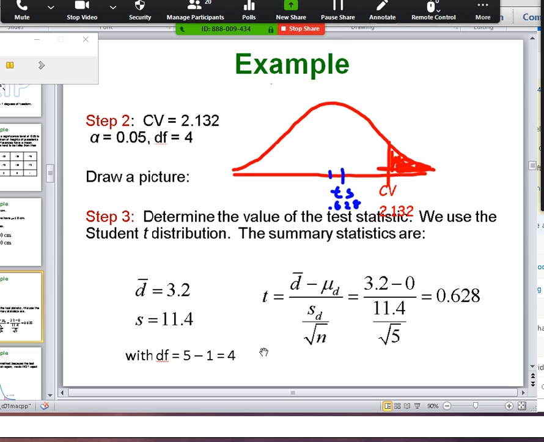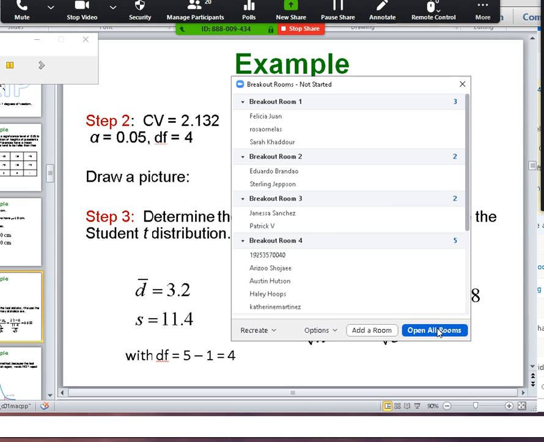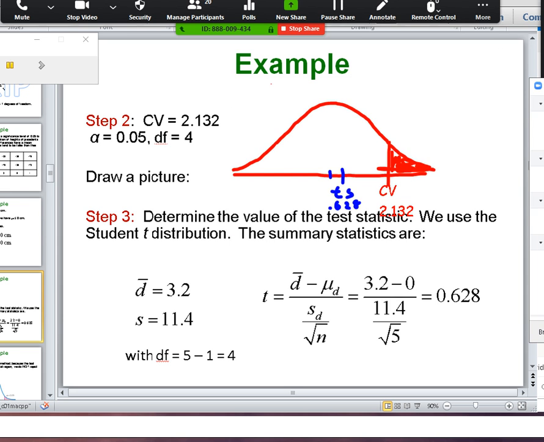Okay, so what I'm going to do is give you guys 9 minutes to go through this with your groups and try to work on your next problem, which is on the next page, problem number 6.